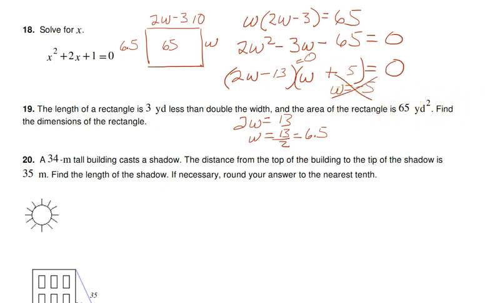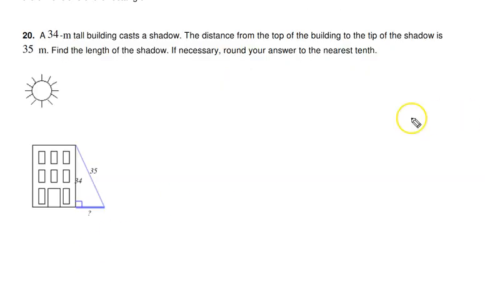Okay, one more to go. All right, here we have the Pythagorean theorem together, and they're giving us a nice picture. So there's the building, and this distance is 34, which is the long side. The hypotenuse is 35.